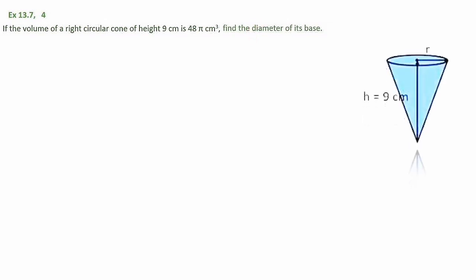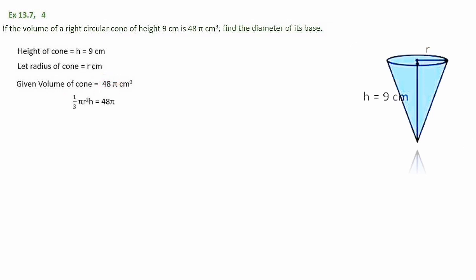So there is a cone, radius is missing, only height is given to us, 9 centimeter. So let's write the given conditions. Height 9 centimeter, radius is unknown for us, let it be r. And the volume is 48 pi centimeter cube. Volume formula we will substitute, 1 by 3 pi r square h is equal to 48 pi. Here 1 by 3 pi r square into h, which is 9 centimeter, is equal to 48 pi.